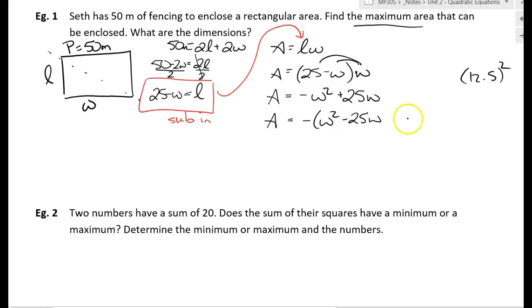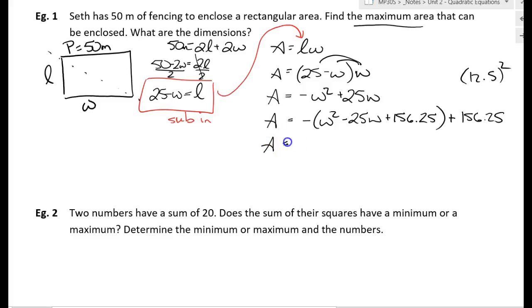12.5 squared is going to be 156.25. So we've technically subtracted that because the negative was factored out in front here. That means that I'm going to add 156.25 on the outside.